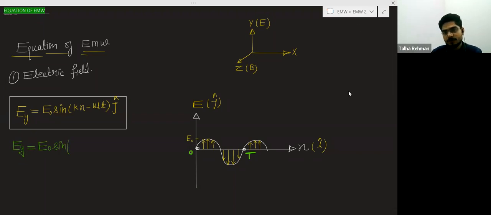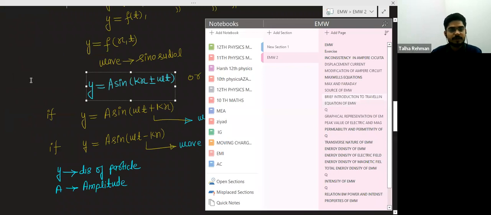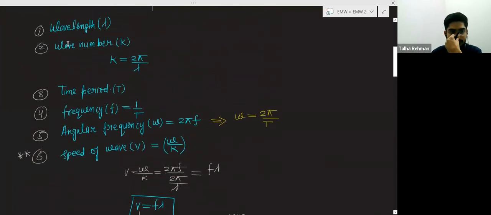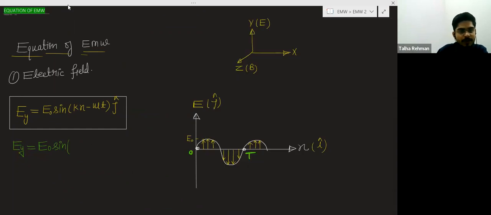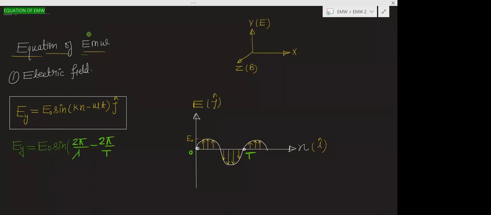Wave number k can be written as 2 pi by lambda, minus omega, which can be written as 2 pi by T. And this is t here.